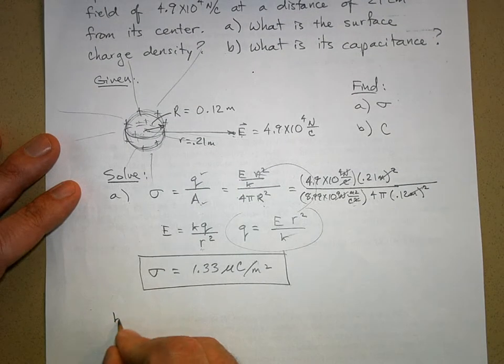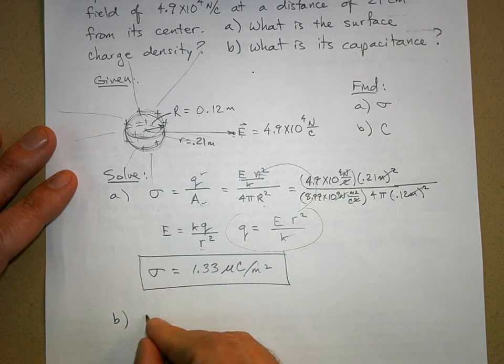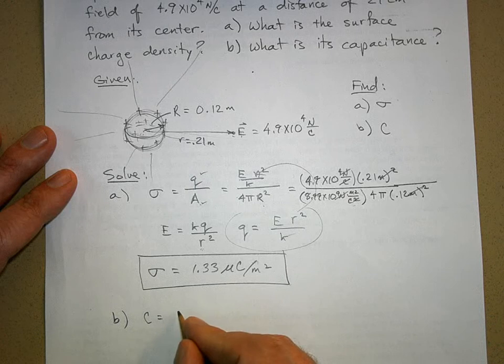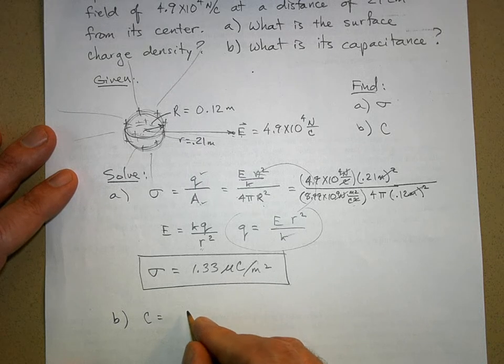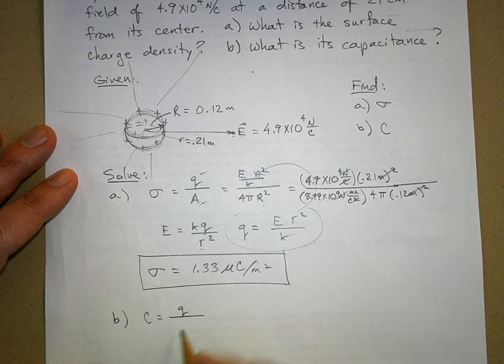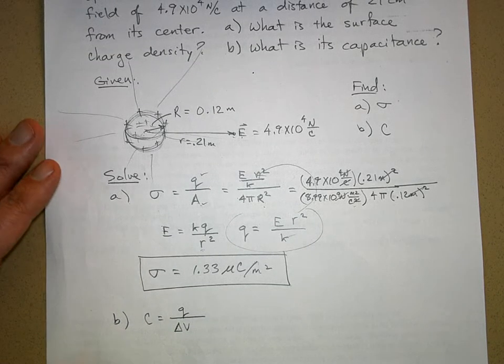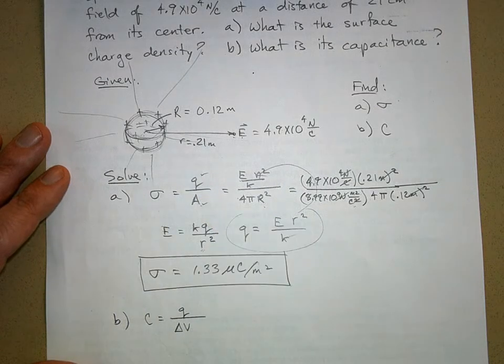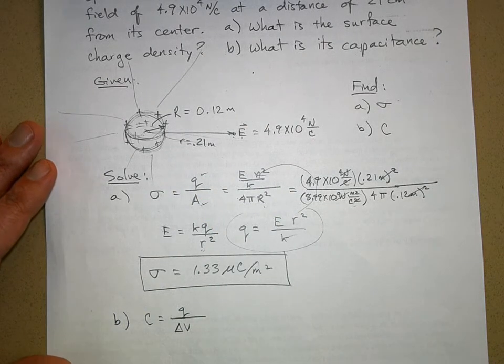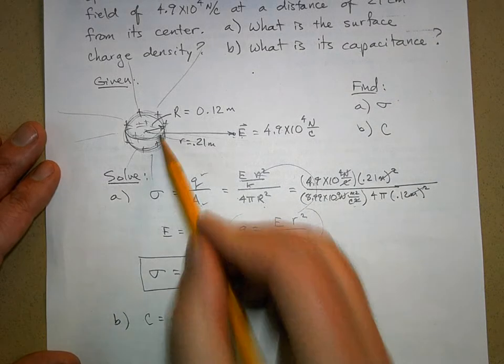And then for part B, the capacitance is equal to the charge Q over the voltage. Well, the voltage on the surface of a sphere. Now, what is voltage? That's how much work I have to do to take a positive test charge from infinity and get it to that surface.